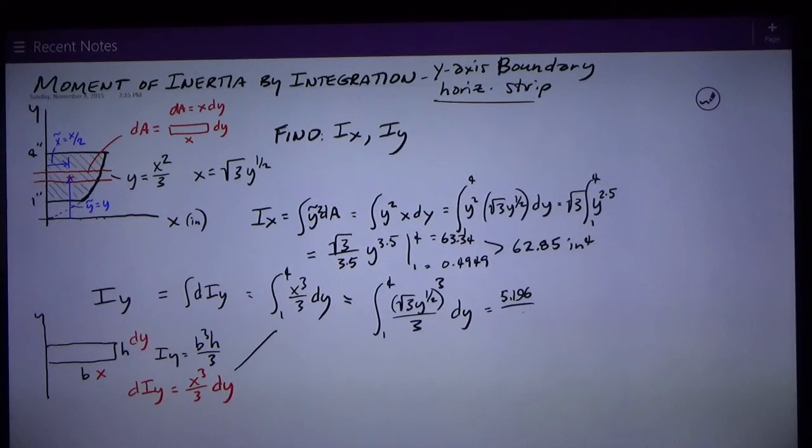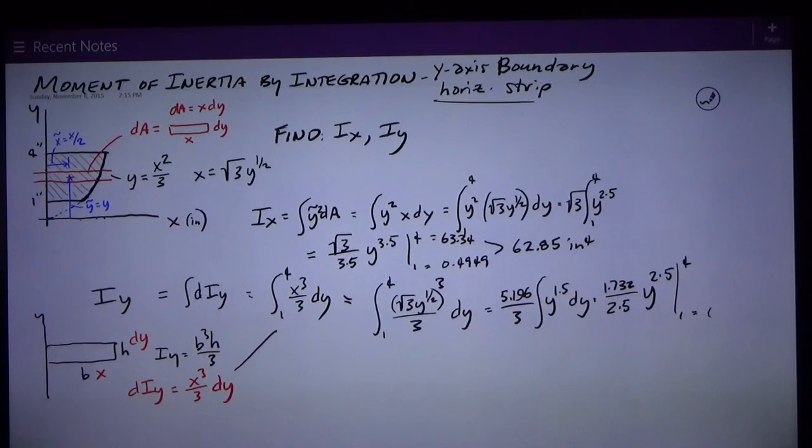Take the third out of the integral, and it's the integral of y to the 1.5 power dy, which is equal to, doing all the math, 1.732, which is 5.196 divided by 3, now divided by 2.5, because I'm evaluating that integral, y to the 2.5 power, evaluated at 1 and 4.